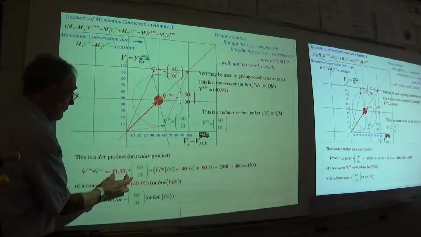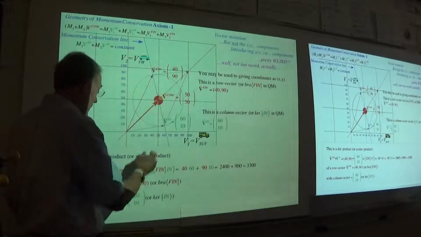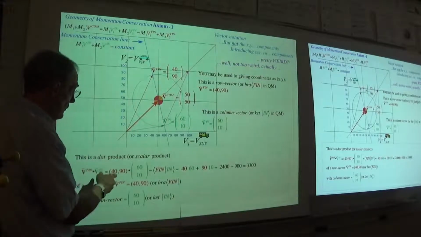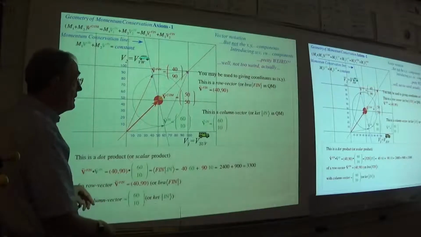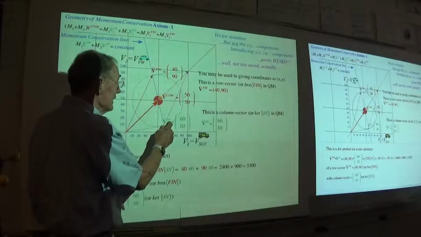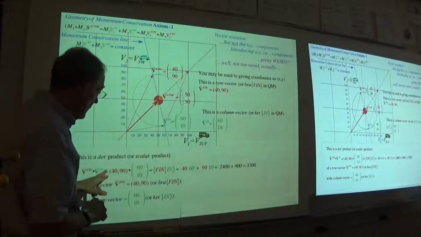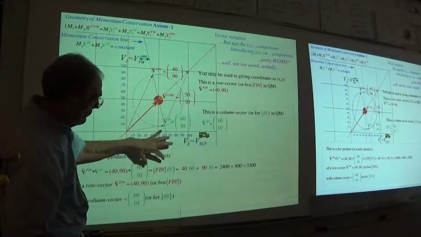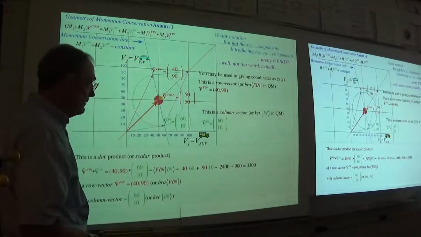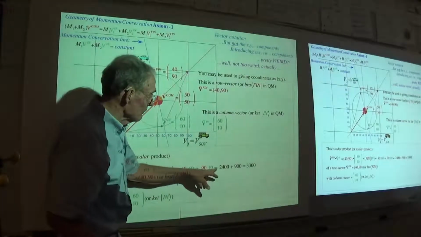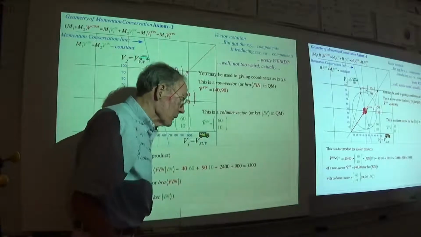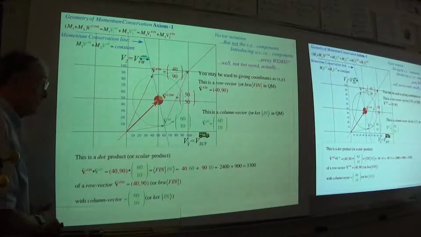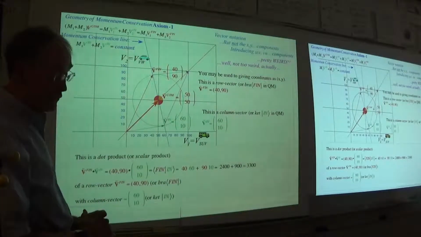That's this 40, 90 vector that we have up here, if it were turned on its side, times the 60, 10 vector that we started with, the in versus the fin, the product of those two. This is Dirac's notation for that. There's the actual magnitude of it right there. For what it's worth, that scalar product comes out to be 3,300.